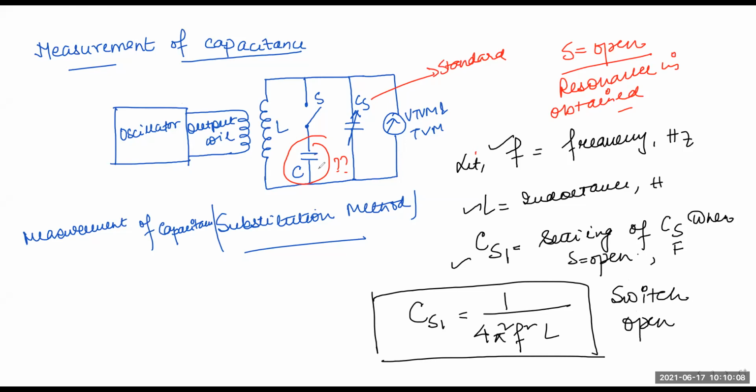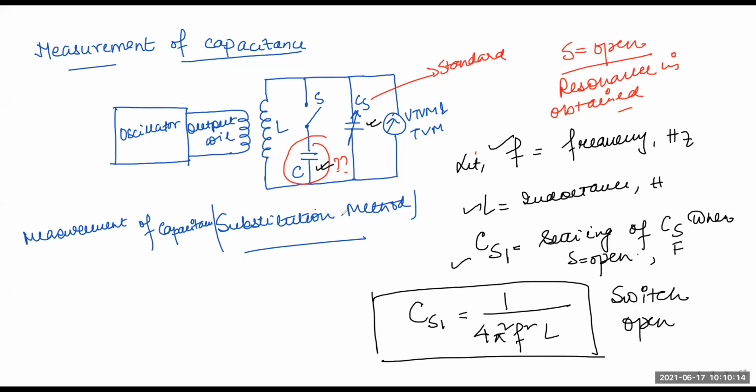Now let us move to when the switch is closed. What happens when the switch is closed? The unknown capacitance is connected in parallel to the standard capacitor. This is the unknown capacitance, this is the standard capacitor, so both are connected parallel to each other.